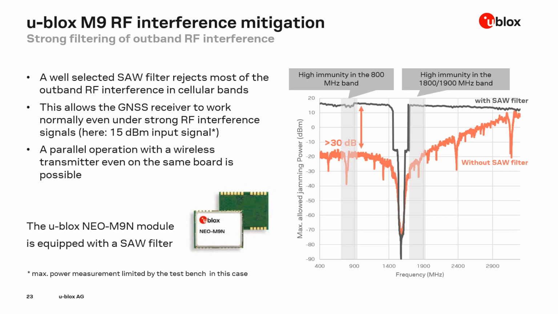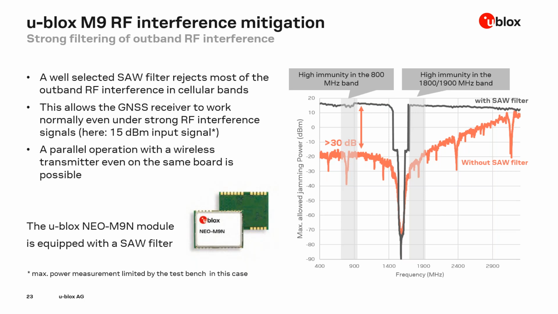You see the behavior of the module for an 1800 megahertz signal and for an 1800 or 1900 megahertz signal. You see that the allowed power level the receiver can handle is still about 15 dBm. And then, of course, the curve at the center frequency of the GNSS goes very much down. This is what we discussed before, that there must be a different measure to mitigate the RF interference then.